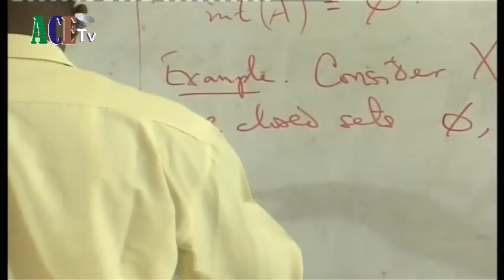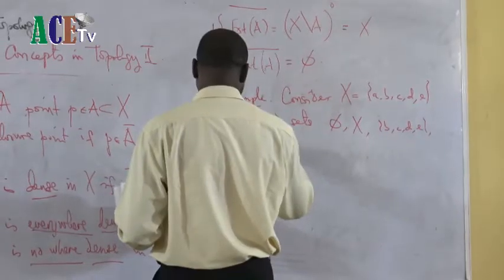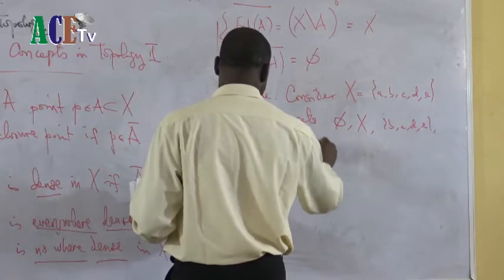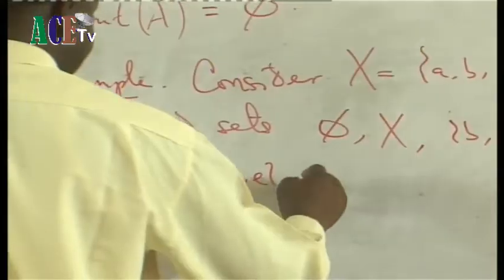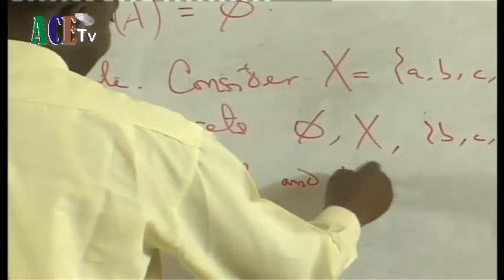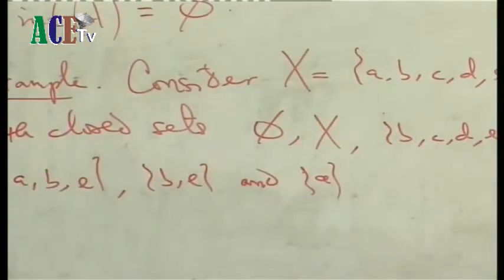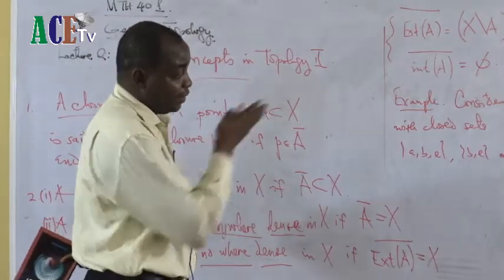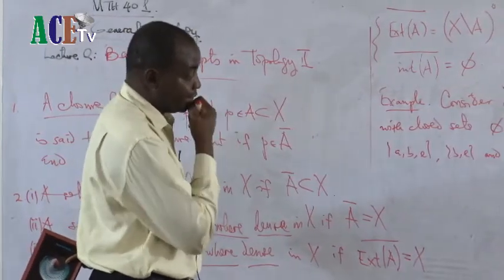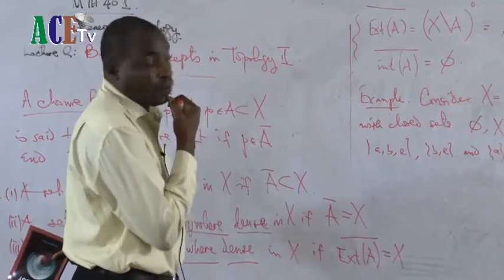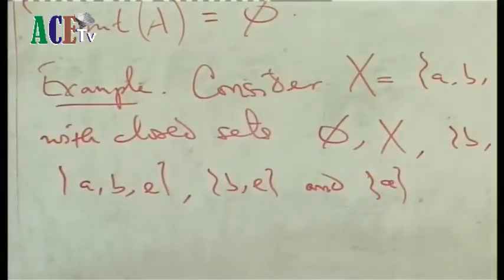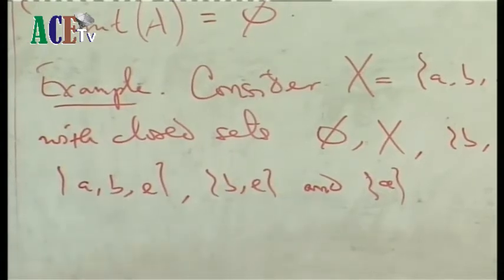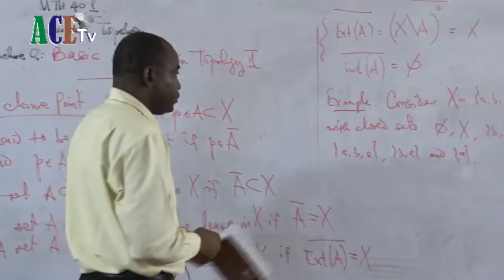We have {A, B, E}, and then we have {B, E}, and then we have the singleton {A}. So if these are the closed sets defined on X, we can define the topology from this. Okay? So let me just give you a hint on how to obtain the topology from this.